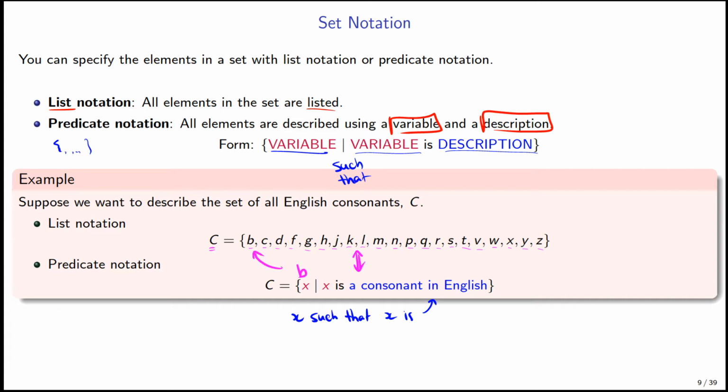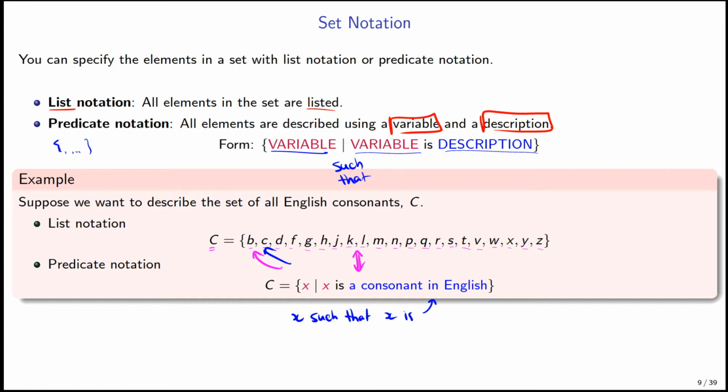Okay, so B is added into the set here. Okay, next it finds C. It checks C. Well, is C a consonant in English? Yeah, it is. So then C is added to the set. And this continues on and on and on until everything in the universe has gone through and we get our set, C.